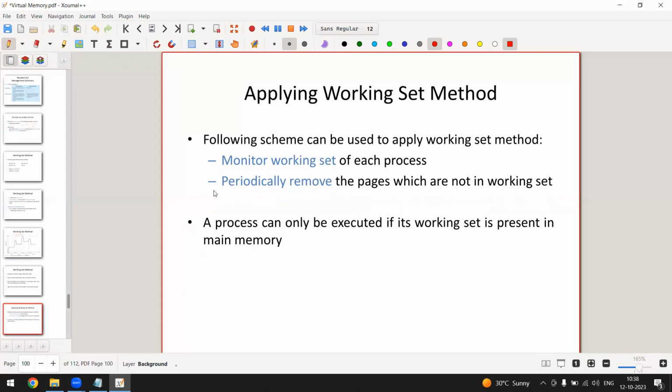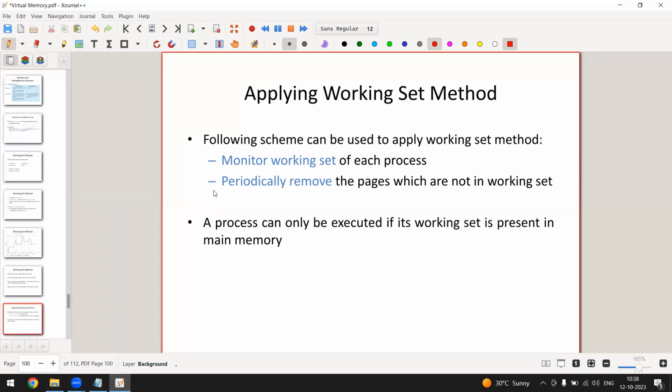So if you want to apply this working set method, you can monitor the working set of each process. For each process, you have to monitor the working set and periodically remove the pages which are not in the working set.